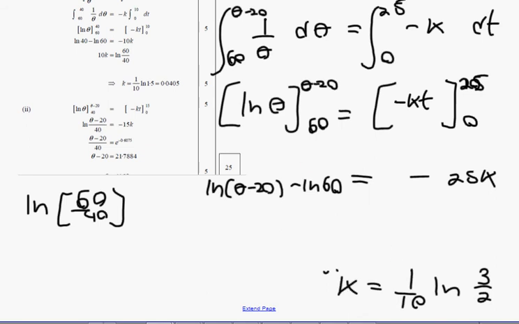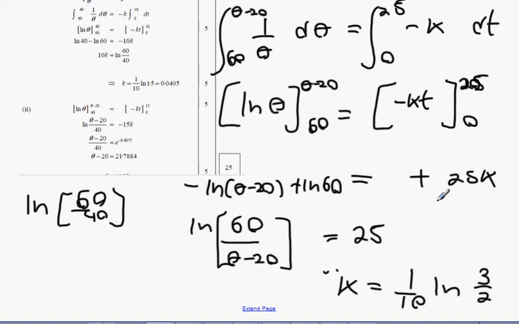Okay, and then upon doing that, we're going to multiply both sides by minus, so we have minus that plus that plus that. Then I'm going to use the log rule, so I'm going to have ln of 60 over theta minus 20, all in brackets, equals 25, and I'm going to put in what k is: 25 times 1 over 10 ln 3 over 2.